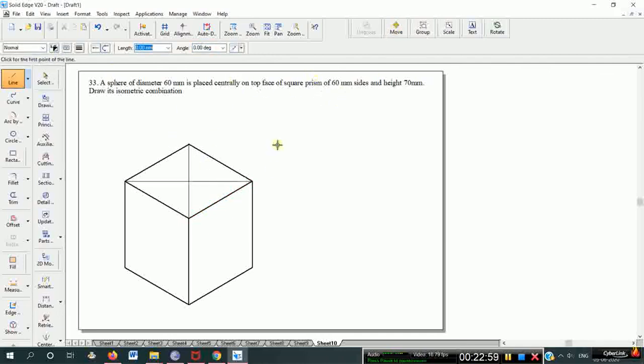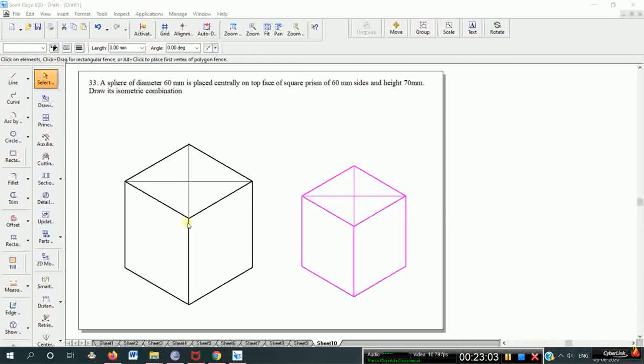Since we need to construct a sphere here, after constructing this, convert all the things to isoscale, and only the sphere has to be constructed in actual scale. Because when you tilt a sphere in any angle or rotate it, it looks like the same diameter and the same shape.